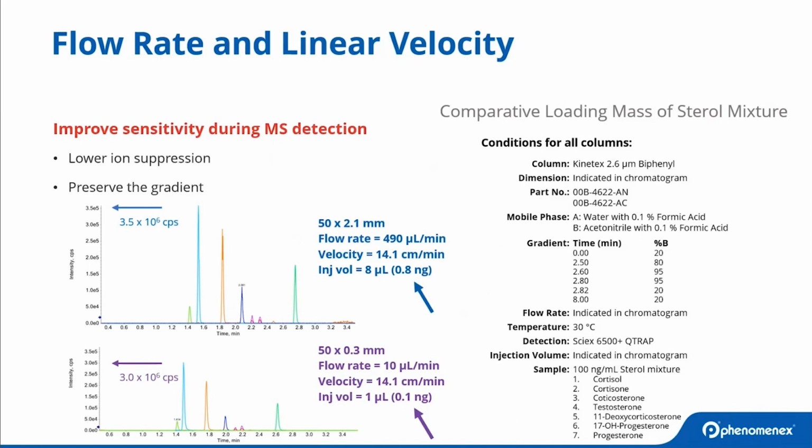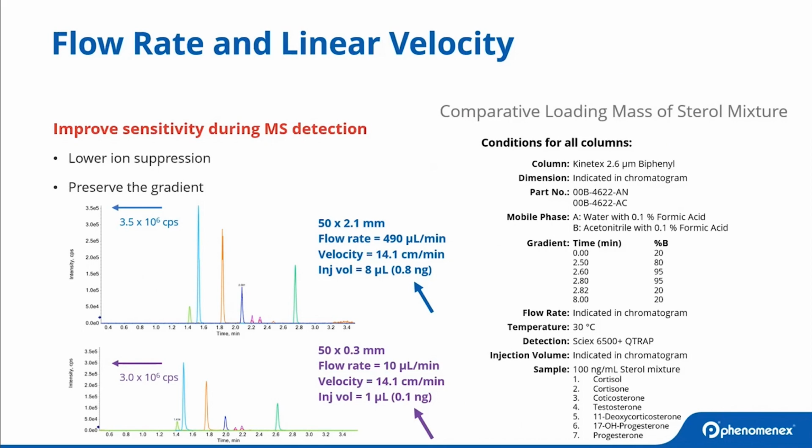And in this instance, we were able to load a smaller sample mass onto the narrower 0.3 millimeter ID column. This is the chromatogram on the bottom. And yet with that smaller sample mass, we achieve comparable levels of sensitivity.